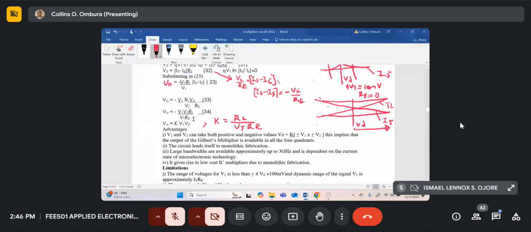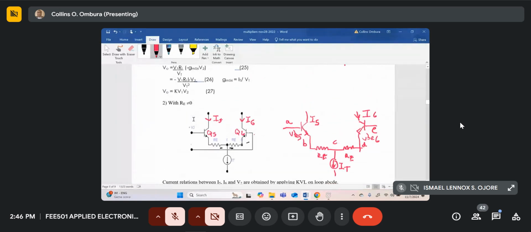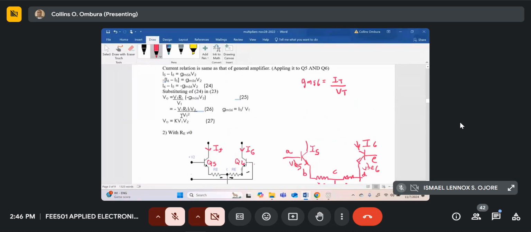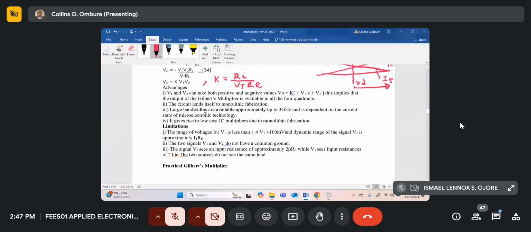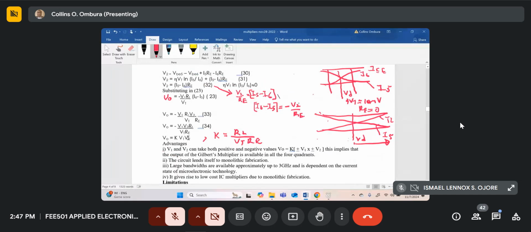When RE is equal to 0, I think we did it earlier somewhere, we got equation 26, which is V1 V2 RL over VT squared. But now with the emitter resistance, the gain is V1 V2 RL over VT into RE.